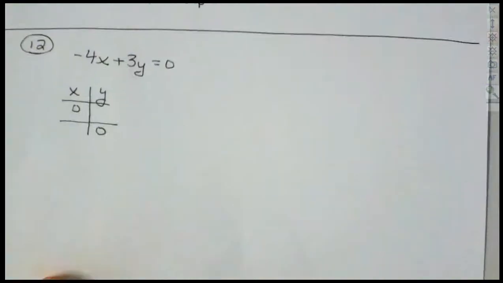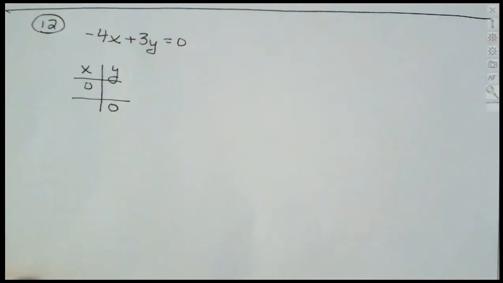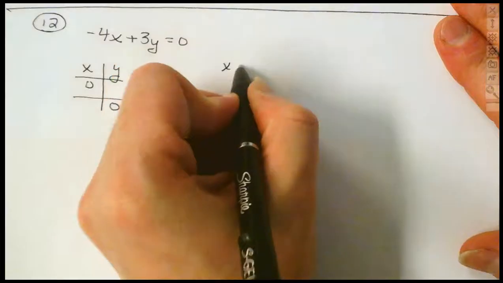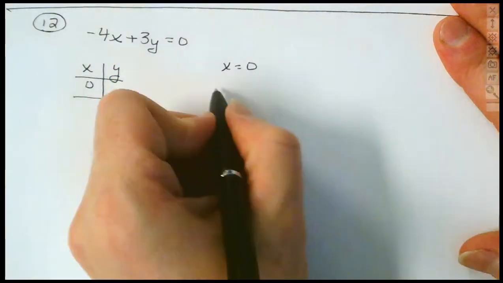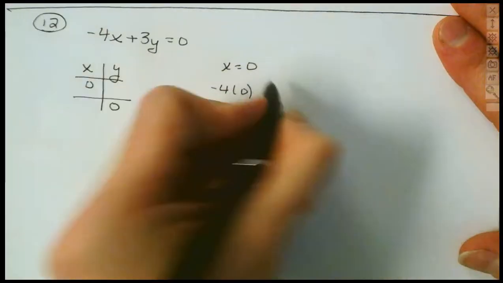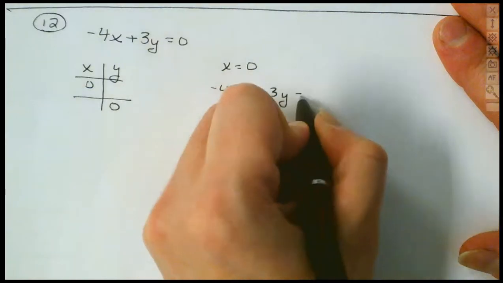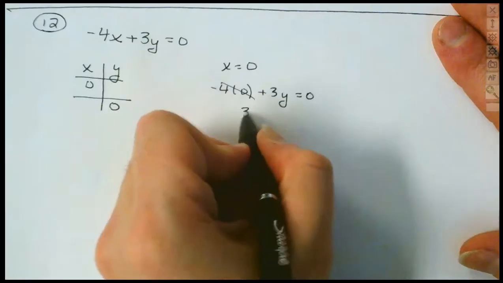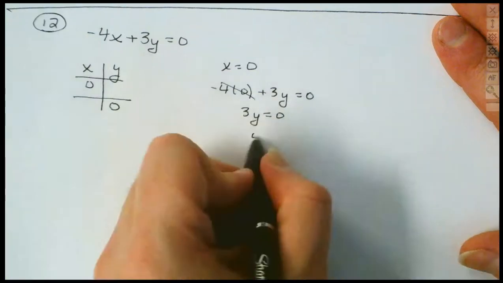We don't have to add on any extra points because we're not asked to graph this one. All we're wanting to do is just find the intercepts of the graph. So we've got our table set up. Let's plug in x equals 0. So if I plug in x equals 0, that part goes away, and we get 3y equals 0, which is then y equals 0.